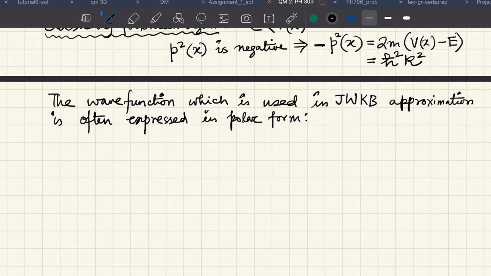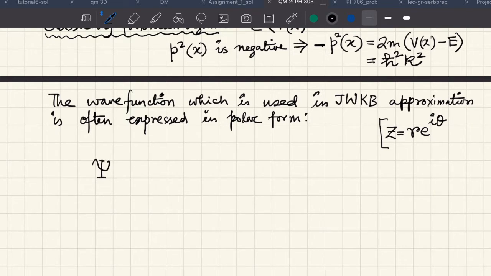What does that mean? You remember any complex number z you can write as r e^{iθ}, where r was the magnitude and θ was the phase of this complex number z. So here also we can write the wave function in this manner.